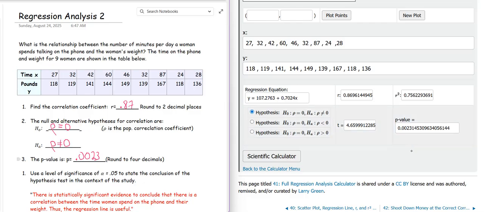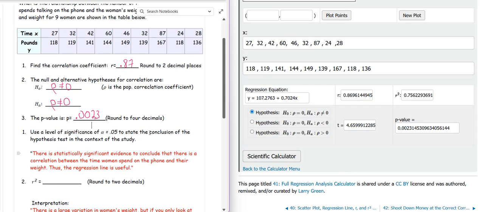Now we want to use a level of significance of 0.05 to come to a conclusion on whether or not there is a statistically significant linear correlation. In this case, our p-value, 0.0023, is certainly less than our significance level, 0.05.